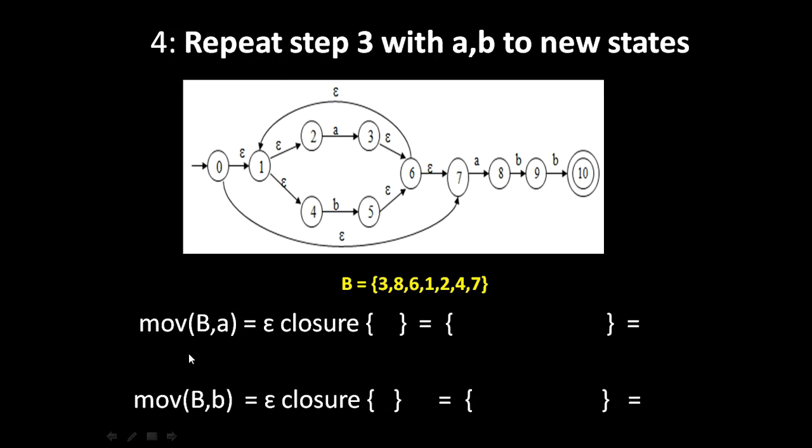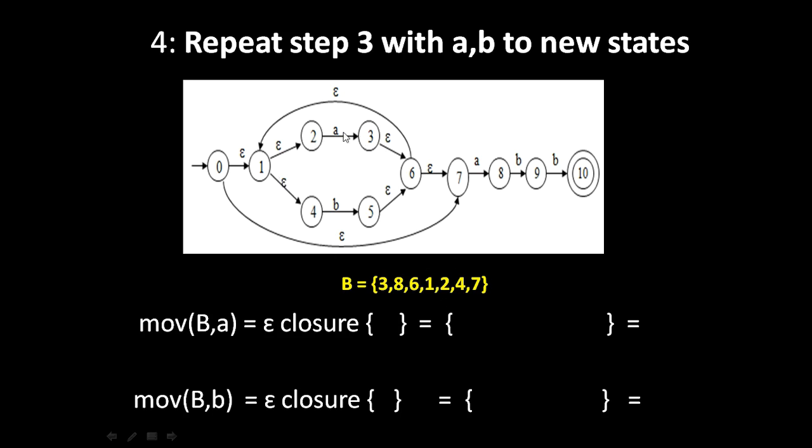Now I want to find the move function Move(B, a). The state B is listed here. From this I want to find the states using input symbol a. From 3 there is no a, so I ignore it. From 8 there is no a. From 6 there is no a. From 1 there is no a.